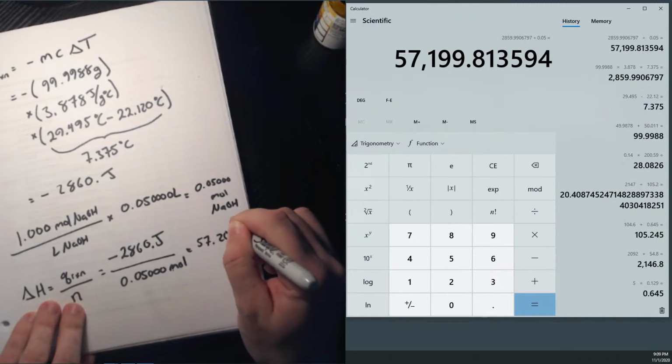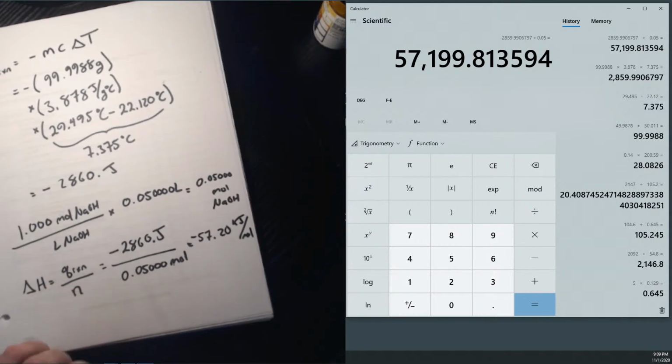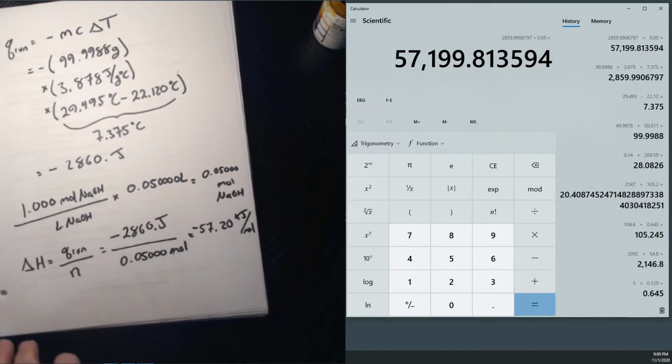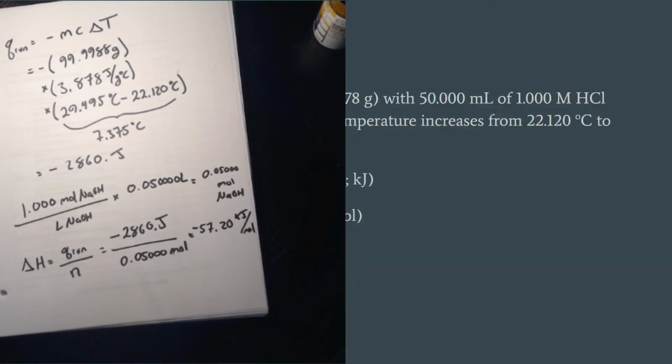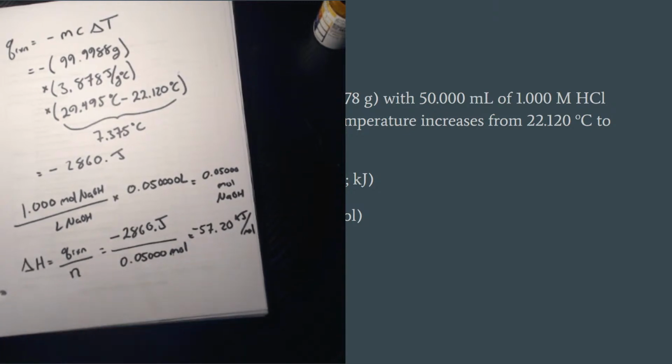Kilojoules per mole, negative 57.20. Again, be very careful with those signs. So that means that the neutralization of sodium hydroxide and hydrochloric acid, generally speaking, releases 57.20 kilojoules of energy per mole.